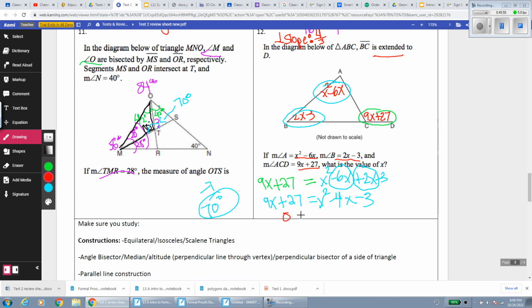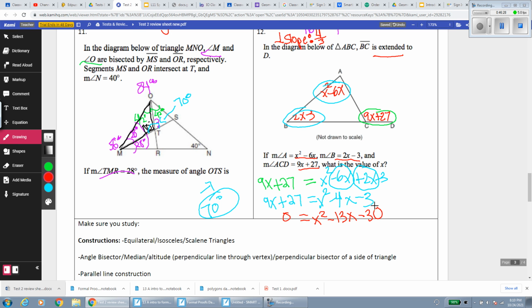So 0, because I moved everything away, is equal to x squared. So negative 4x minus 9x, that's negative 13x, if I am correct there, for negative 4 minus 9. Yes, okay. And negative 3 minus 27 is negative 30.